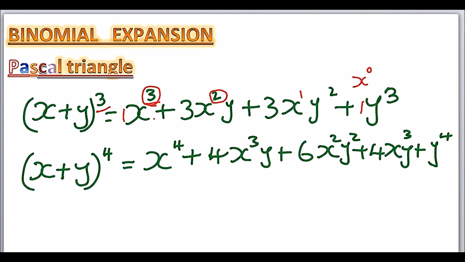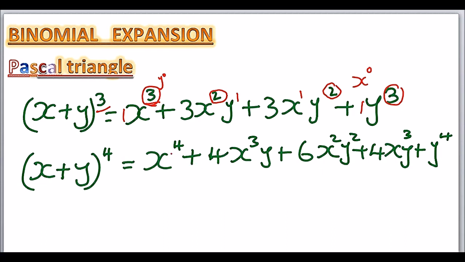Look at the y. We can say here, if we put y to power 0, it is the same as 1, so it doesn't make any difference. So here y to power 1, y increases to 2, and finally to 3. So you can see in the terms of our variable, the power of one increases as the other one decreases.